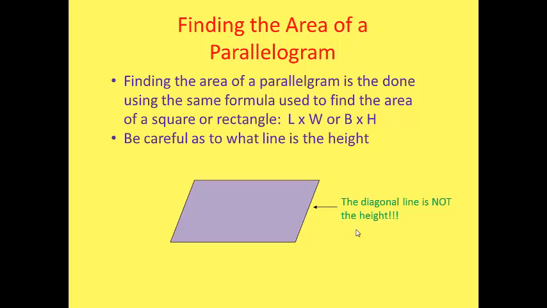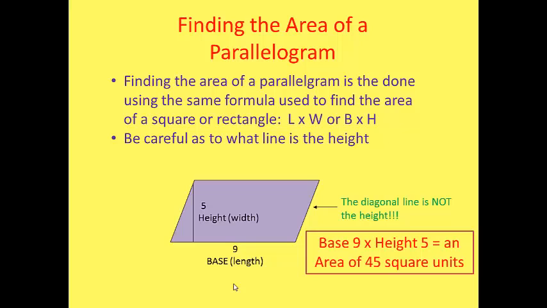The diagonal line is not the height. This line right here would be the height. So the height on this parallelogram is 5, and the base is 9. So we can plug in the numbers, 9 for base and 5 for height, and we will get an area of 45 square units.